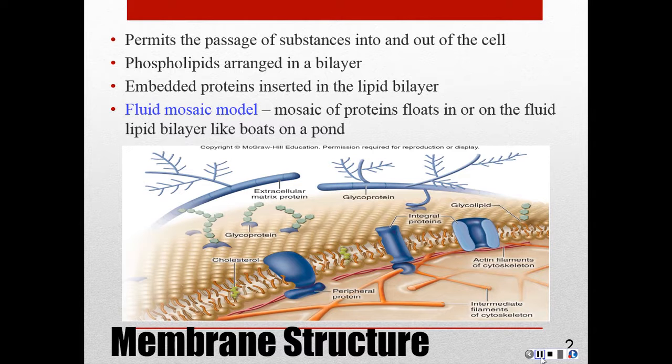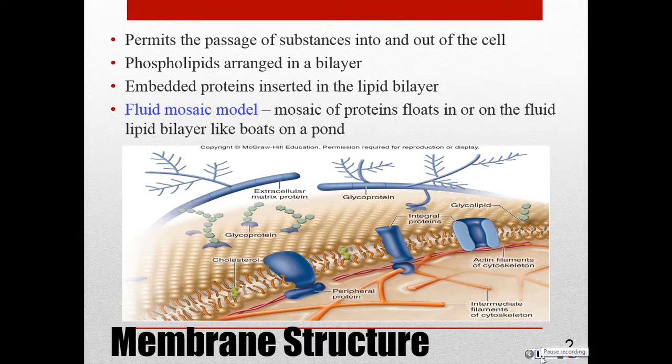In each monolayer, the fatty acid tails wiggle, and the entire phospholipid molecules can move sideways at a rate of about 2 microns, the length of a prokaryotic cell, per second. However, the phospholipid molecules rarely flip-flop from one side to the other. The fluidity of the phospholipid bilayer allows cells to be pliable.